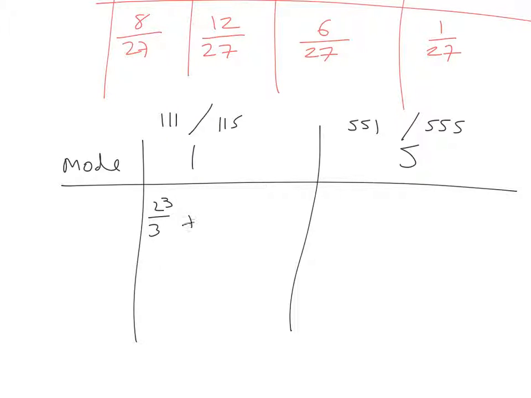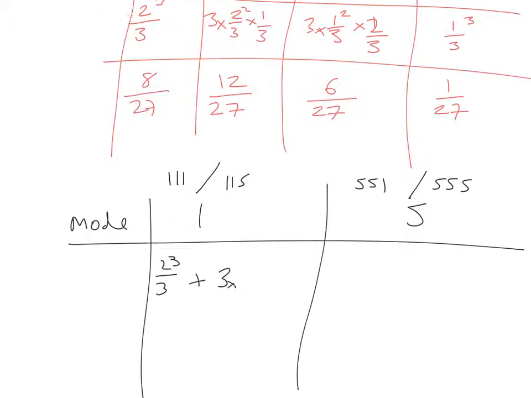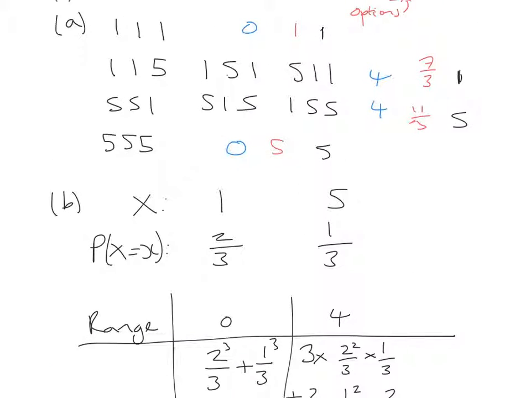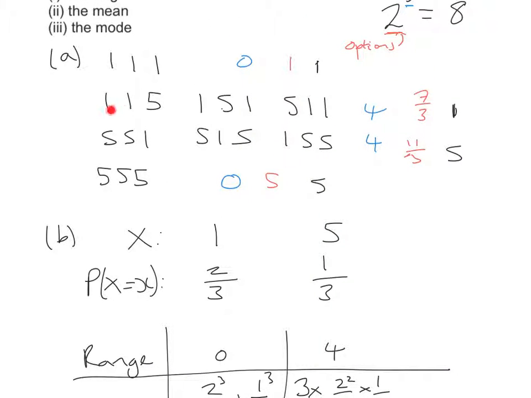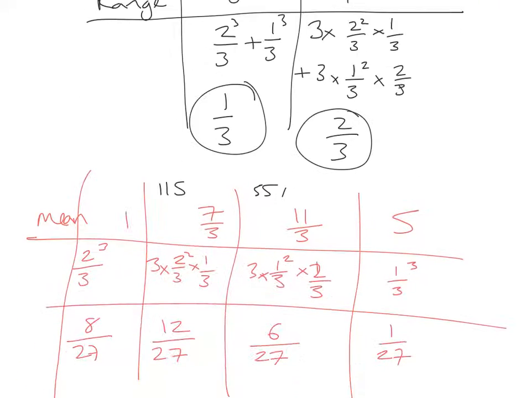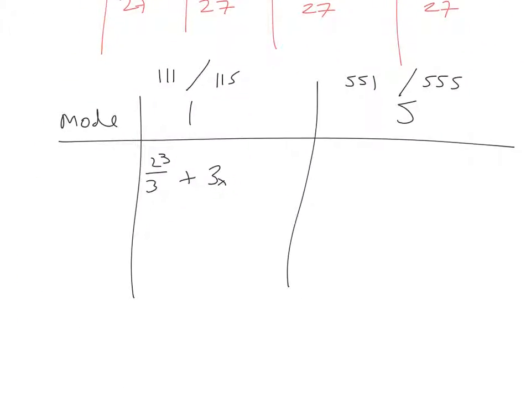We need to add that to 3 times, because remember there are 3 possible combinations of 2 1s and a 5, so we have to multiply by 3 to represent that. So 3 times 2/3 squared times a third.